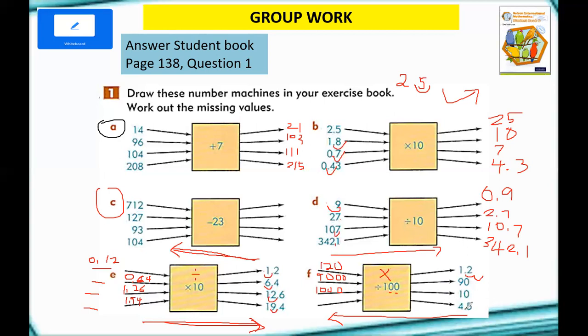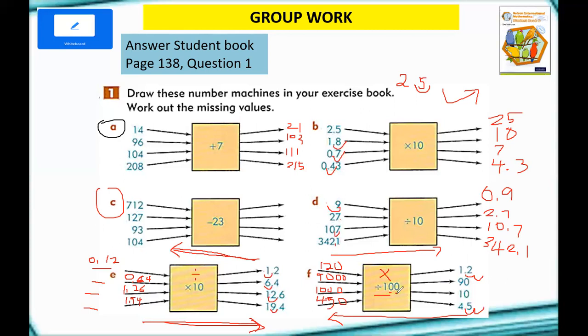So we are going to move 1 and 2. So it will be 450. Okay. So now let's check our answer by using the division now because we have found already the input number. So 120 divided by 100. So we have 1 and 2. So that is correct.